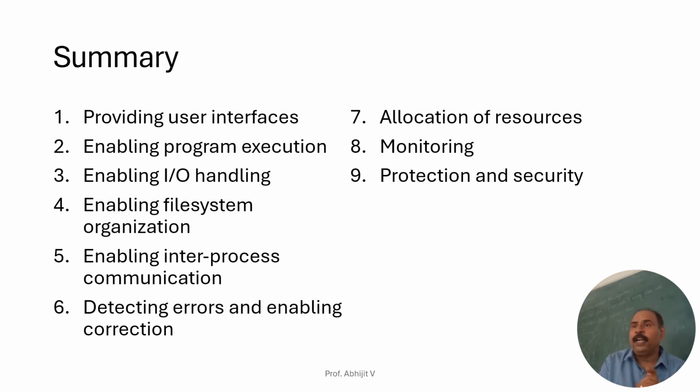It enables file management system, file organization, creating folders and so on. It enables inter-process communication in multi-programming operating systems. It helps in detection of errors and enabling correction. Then the allocation of resources, monitoring of the entire processes, and protection and security.